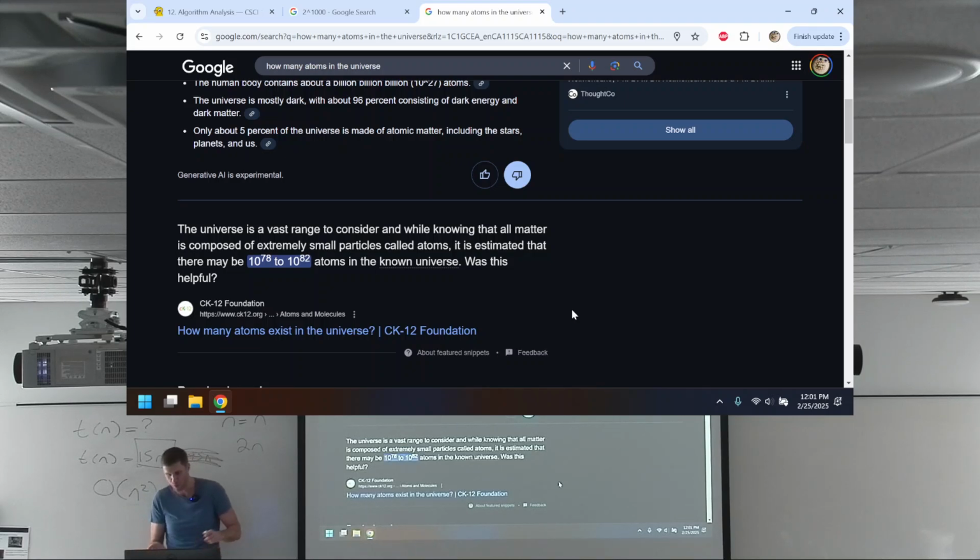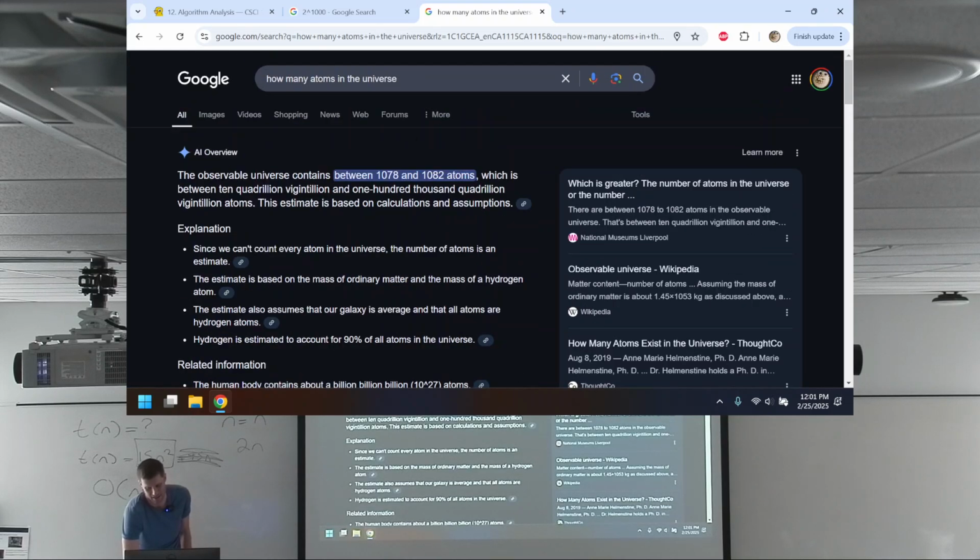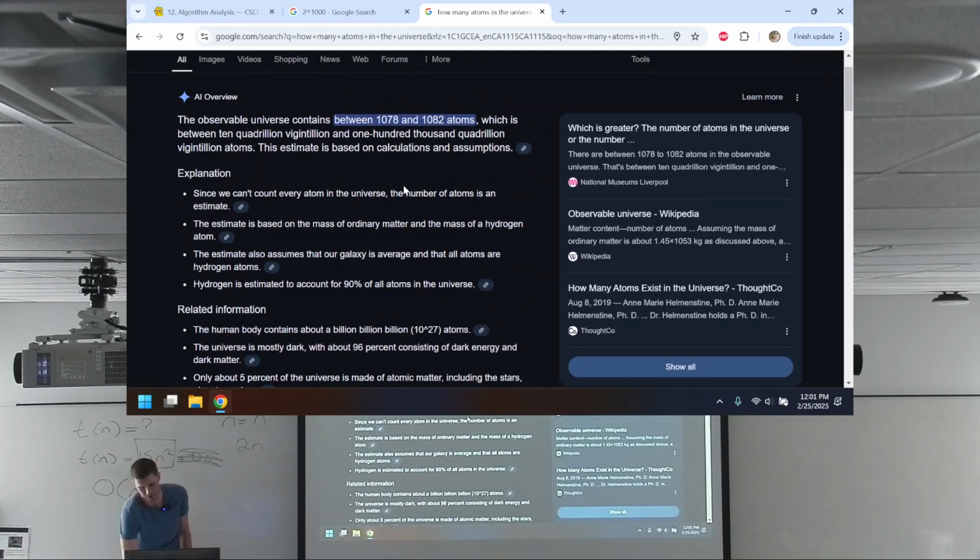Let's estimate between 10 to the 78 and 10 to the 82 atoms in the known universe. So it's just not squared, it had an issue with typesetting. Now I feel kind of bad, but that's still a thumbs down.